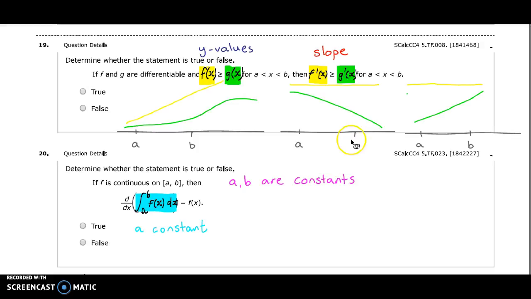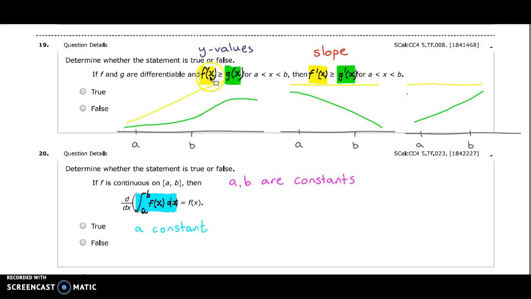So between a and b, I've got to have the yellow graph on top of the green graph. The y values of the yellow graph are bigger than the y values of the green graph. And then for the slopes, I should have the slope of the yellow graph bigger than the slope of the green graph. Here they're both positive, but the yellow one is more positive. Here the yellow one is 0 and the green one is negative.